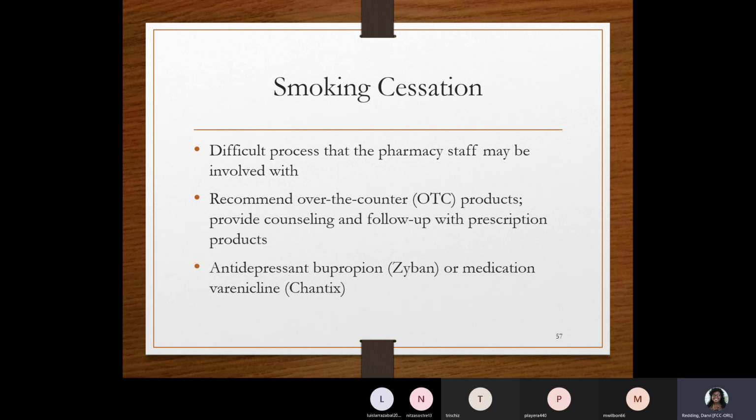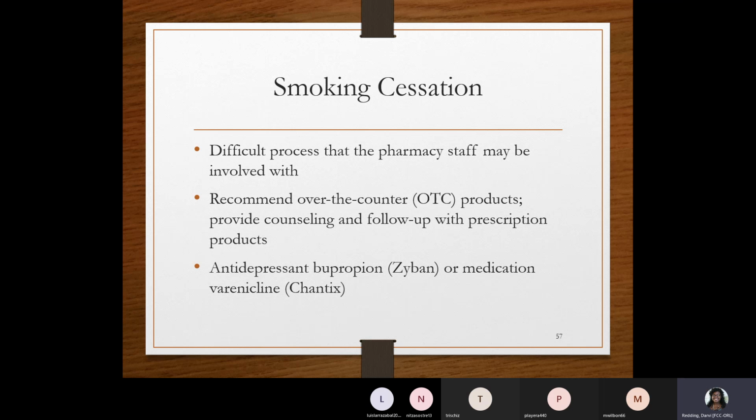The pharmacist can also provide counseling, and if the patient has a prescription for a medication that helps with smoking cessation, such as Chantix or Zyban. An example of Zyban would be bupropion or Wellbutrin.